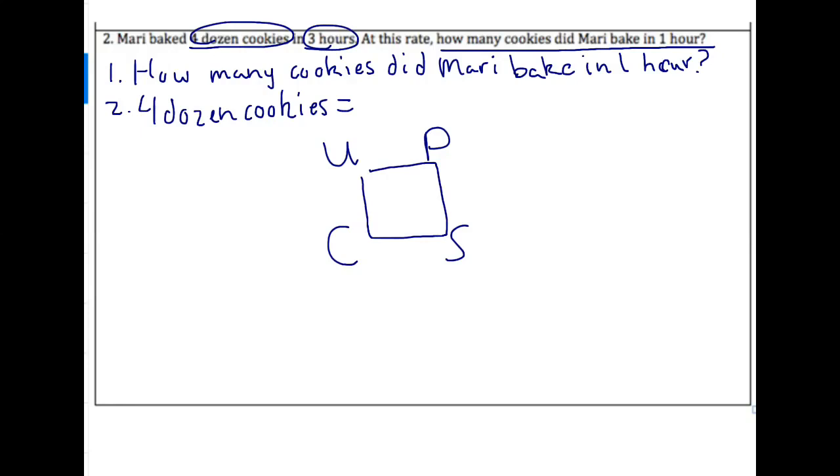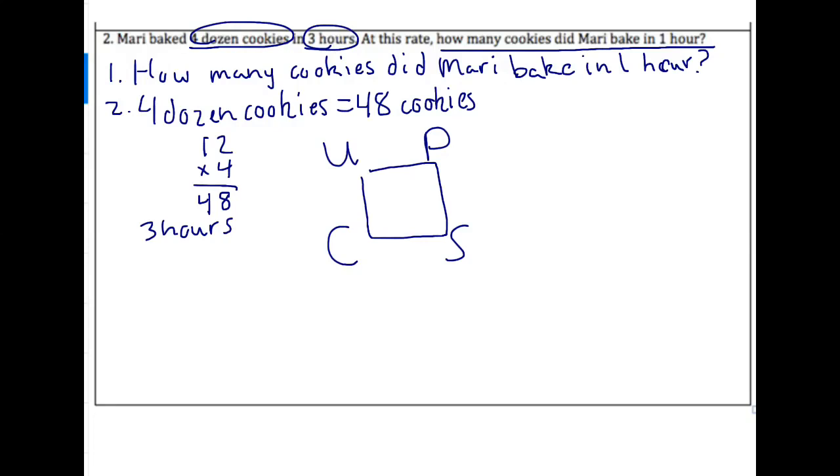So 4 dozen, 12 times 4, is 48, so I'm going to put 48 cookies. So I know that 4 dozen cookies is actually 48 total cookies. And I'm also going to put down here 3 hours, because that's how long it takes me to bake those 48 cookies.